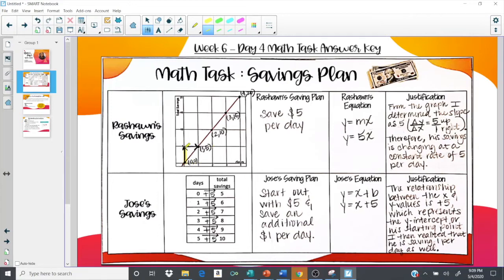So you have to go up vertically 5 units, and then go to the right horizontally 1 unit.